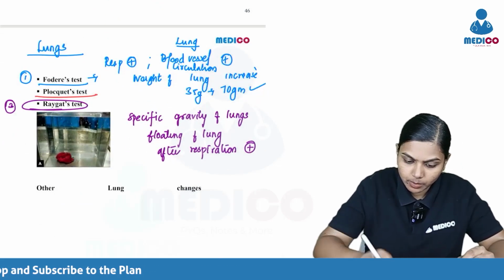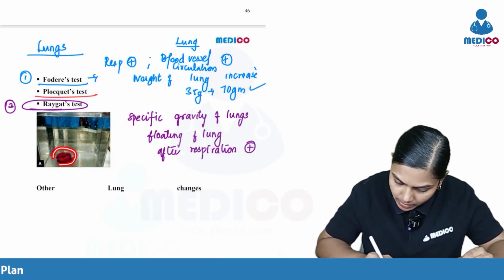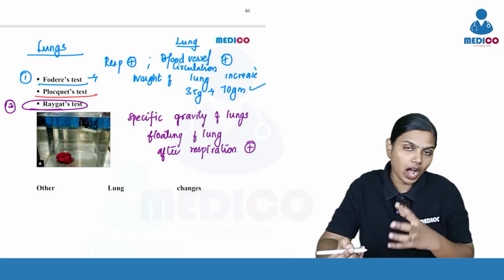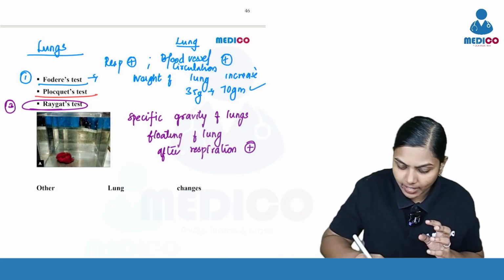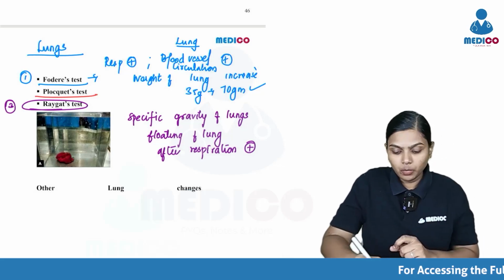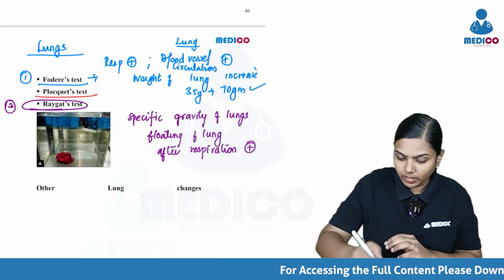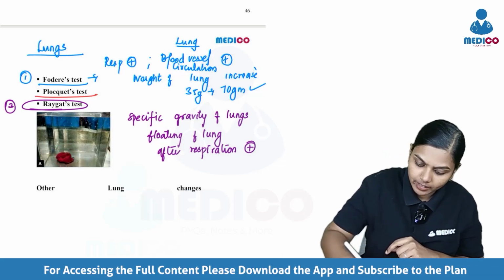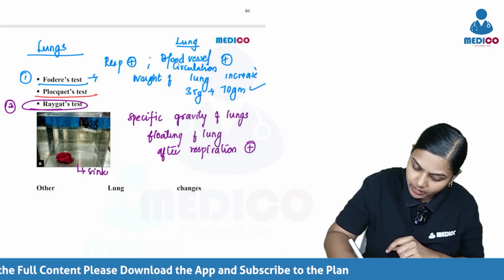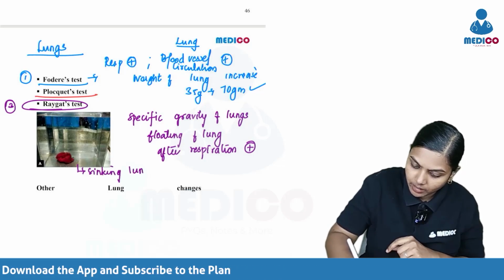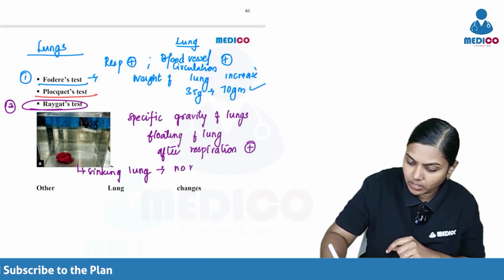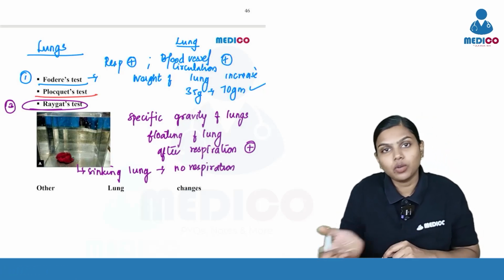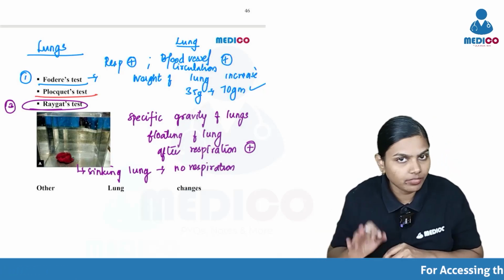Now, if you look at this picture, this is the lung. Whole lung, heart, the bundle would be taken and put inside a beaker containing water. Now, it is sinking, right? Sinking lung means no respiration. If the lung is floating, it means respiration might have taken place.